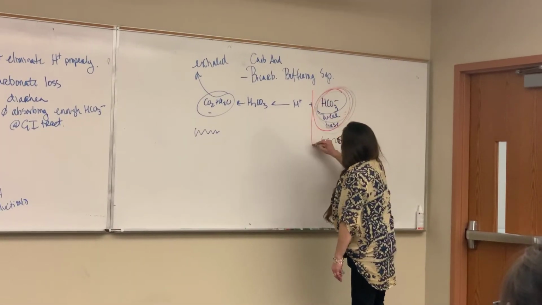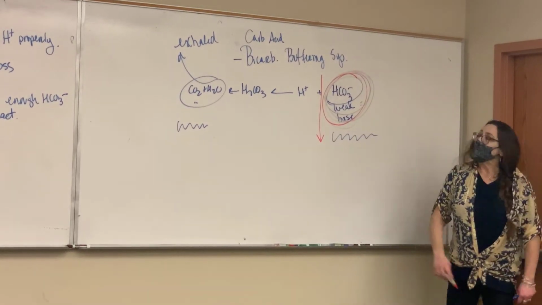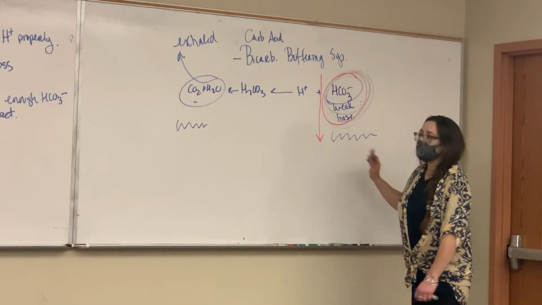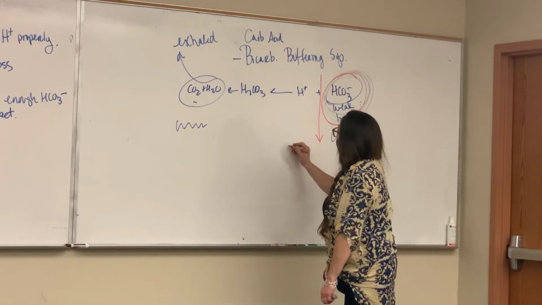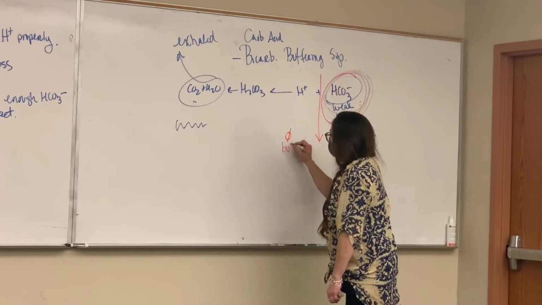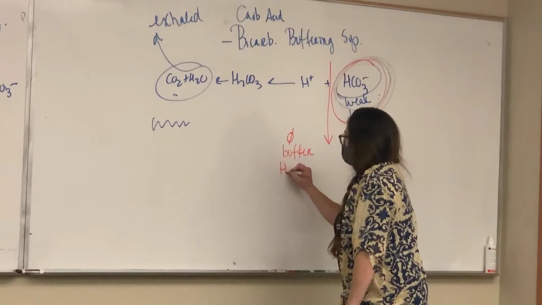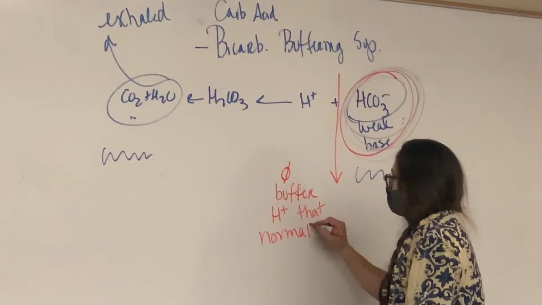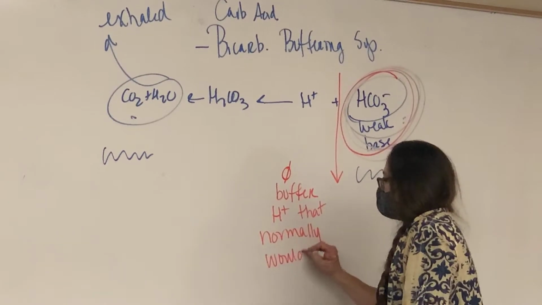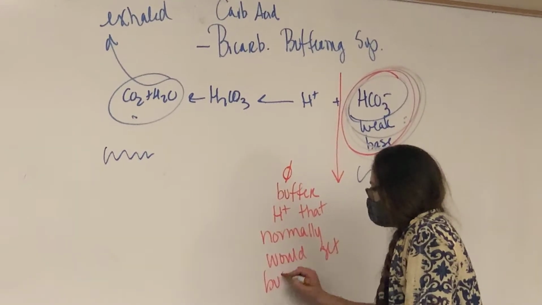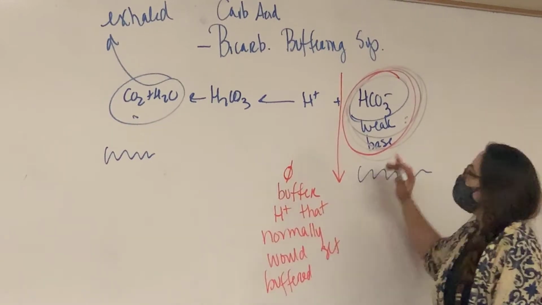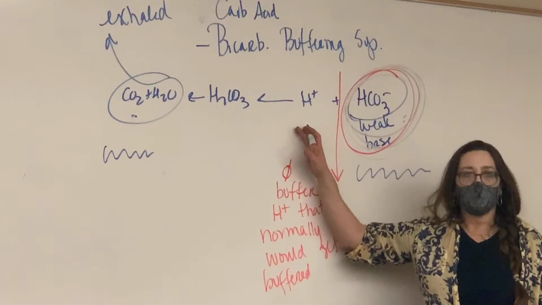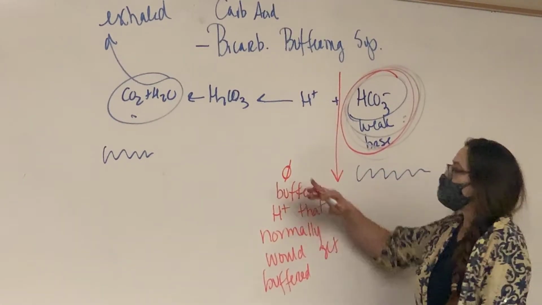So now you've got very low amounts of bicarb. And this is your major extracellular buffering system. So if you have very little of this weak base, it means now that you can't buffer hydrogens that normally would get buffered. So if you have so little bicarb, you can't buffer hydrogens because you don't have enough of the bicarb. So what are you left with?